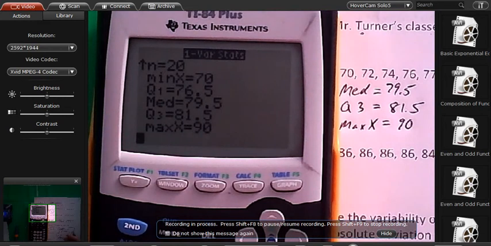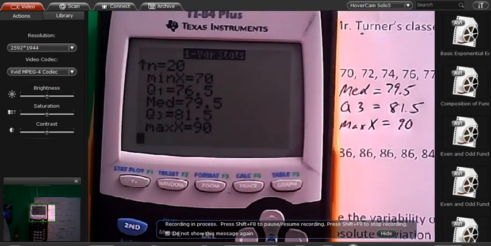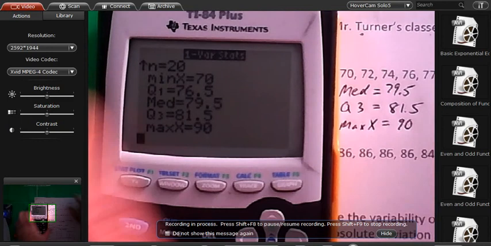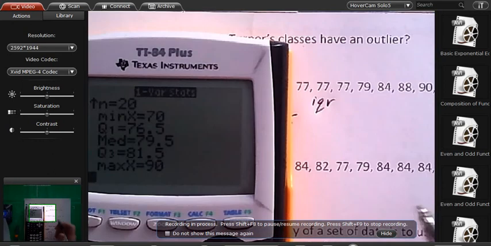We also talked about how to find the boundaries. We learned that to find the boundaries, we need to know what the IQR is and multiply the IQR by 1.5 to get that special number. My IQR is the interquartile range, so I'm going to subtract Q1 from Q3.